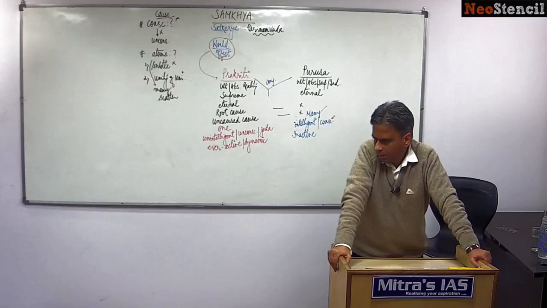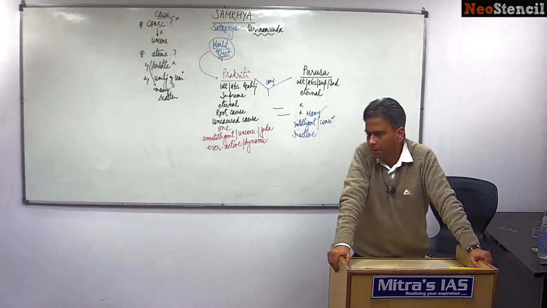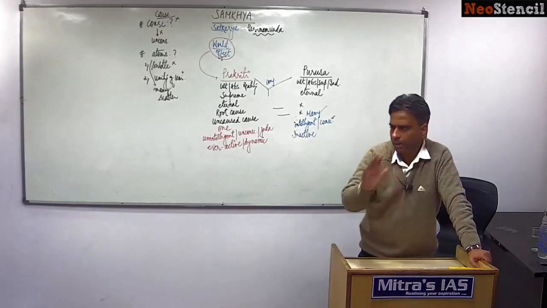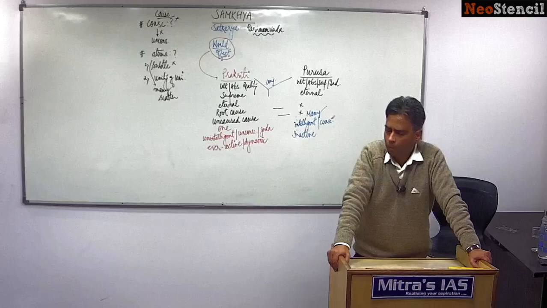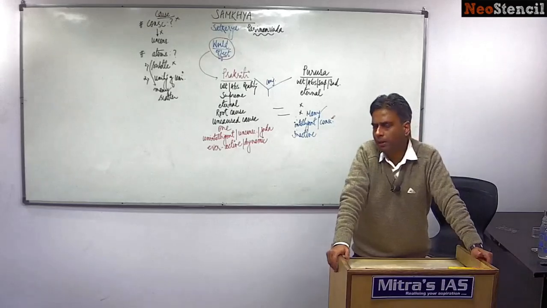Is that fine? There are many things simultaneously. Some end things I have to tell because of the compulsion. This is the broad framework of Samkhya. Now, one by one, we will take up what is Prakriti, what is Purush, what is their purpose, and we will see where they take us.